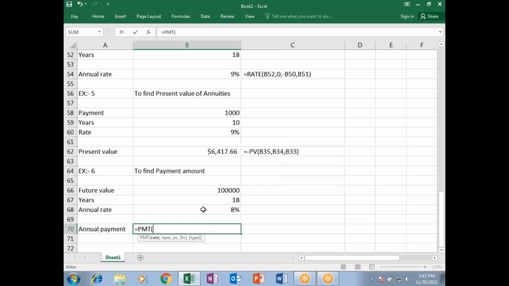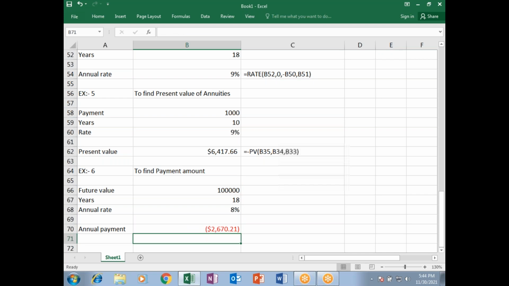So rate, NPER, then I don't have present value, I have future value. So I'll give 0 for the present value. Then I'll select the future value. Then bracket close, enter. So I'll get 2,670 as the payment amount.